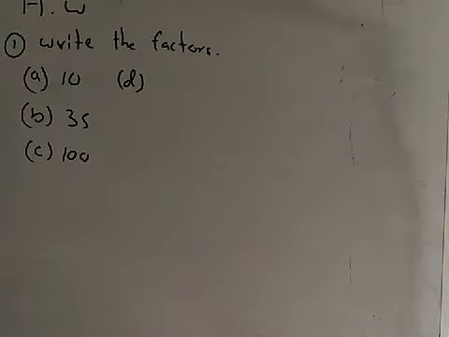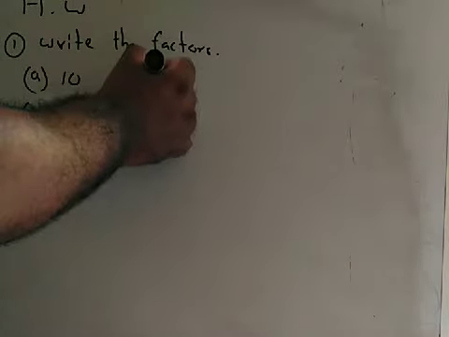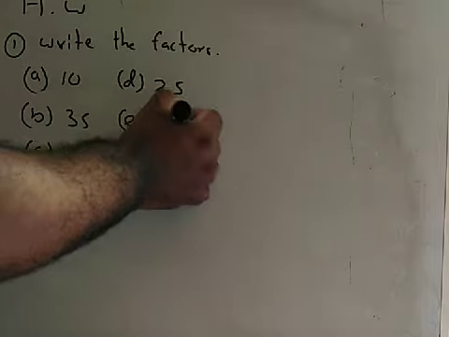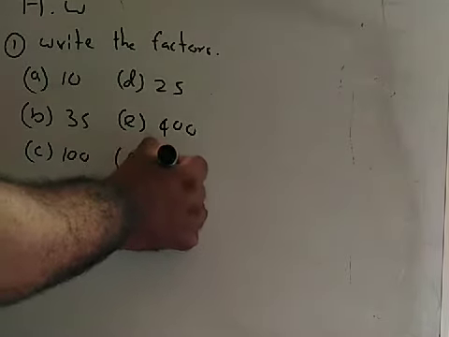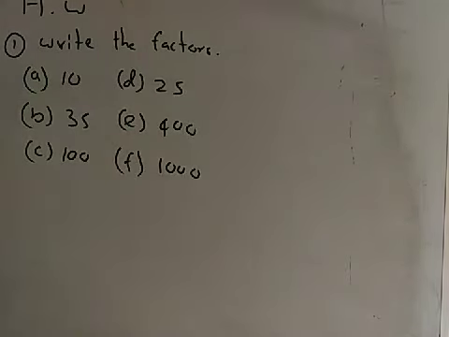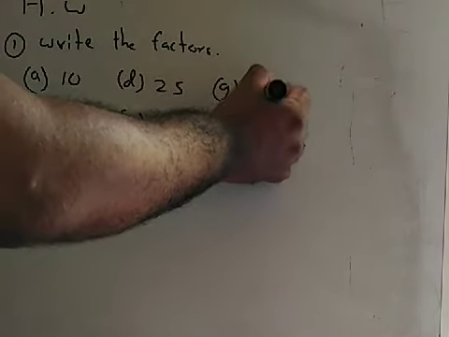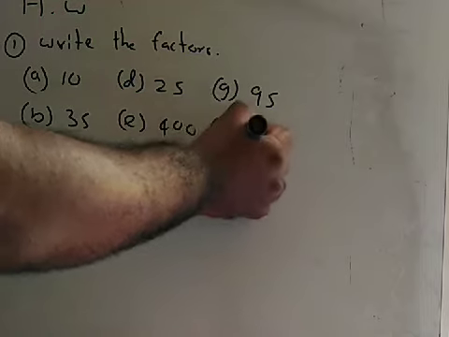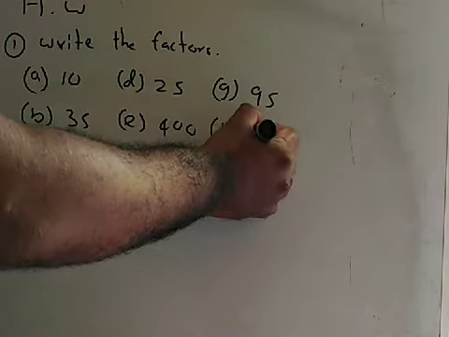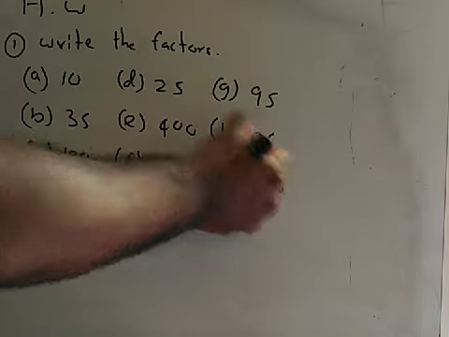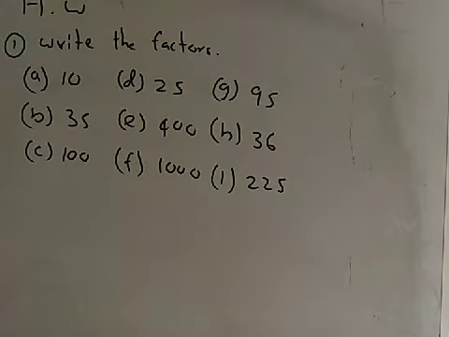D 25. E 400. F 1000. G 95. H 36. I 225. Right, do this at home. Write the factors, find the factors of these numbers.